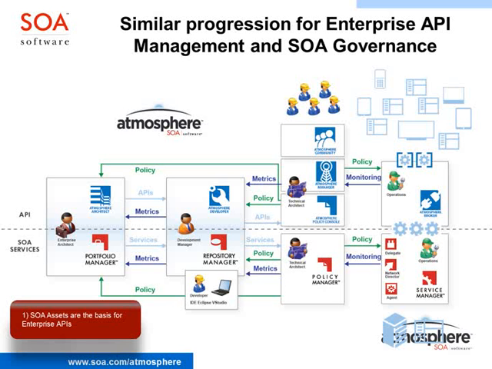The fundamental plan, build, run, share lifecycle is applicable whether we're talking about an internal enterprise service or an external enterprise API. The constituency of users for the various tools at the various phases of the process are often similar as well.